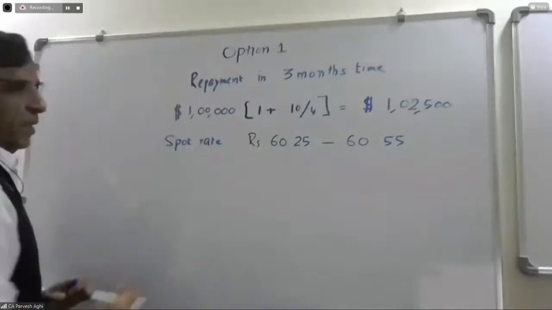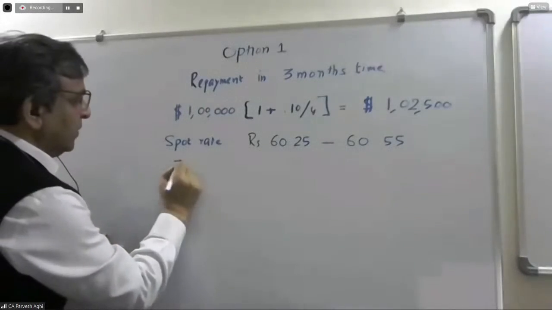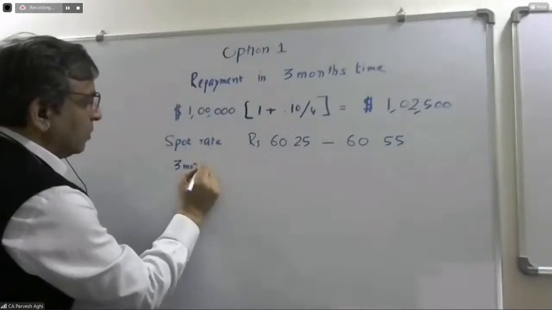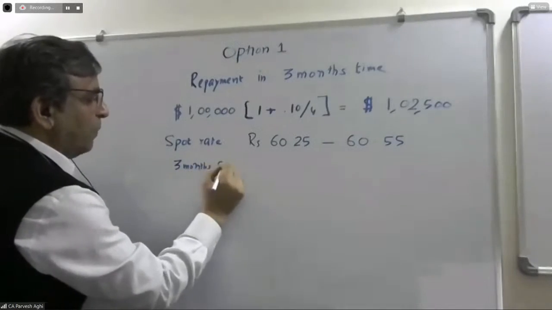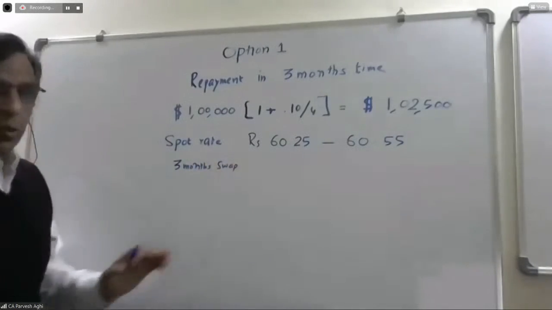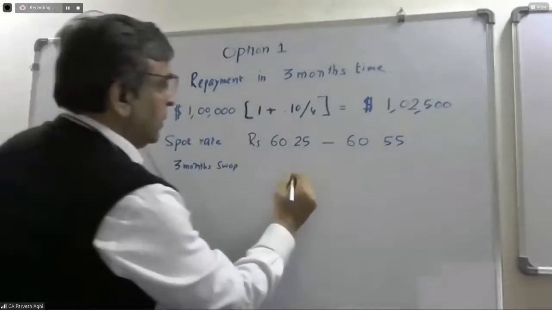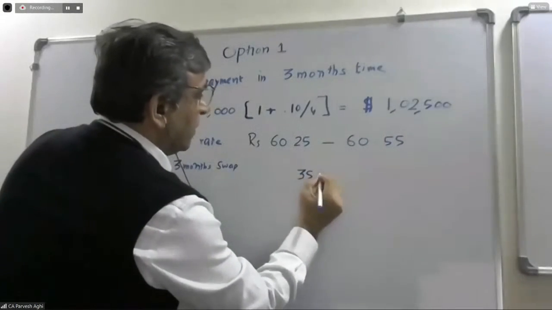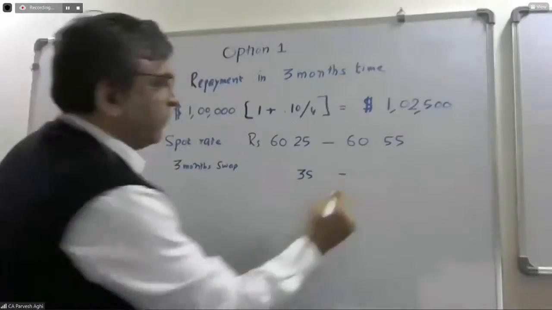So this is the spot rate. Now the 3 months swap points are given to us, which are 35 and 25.